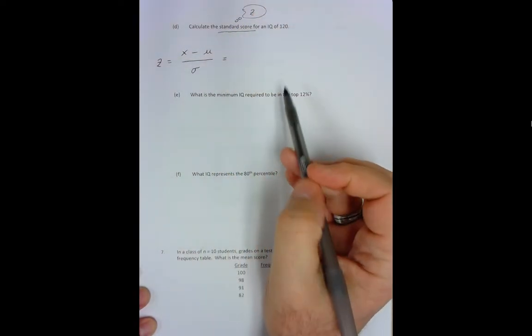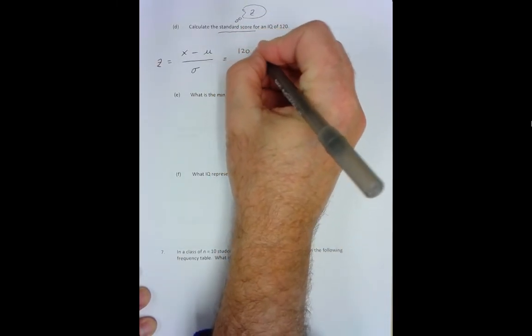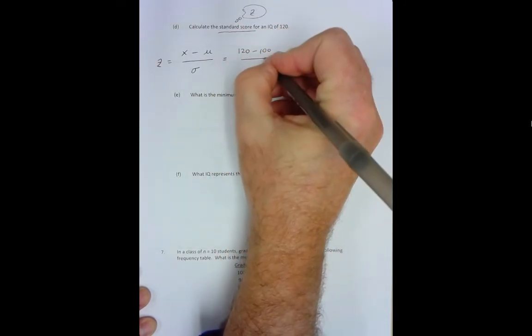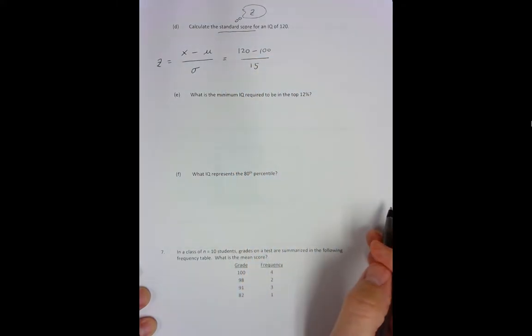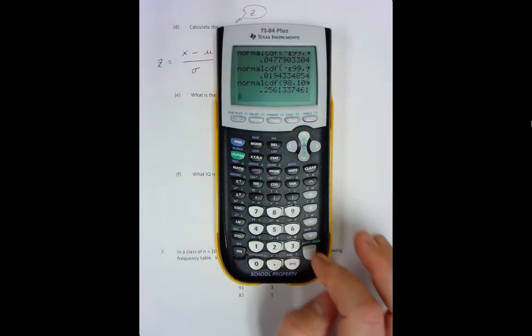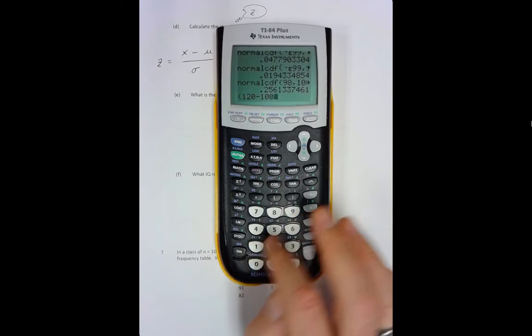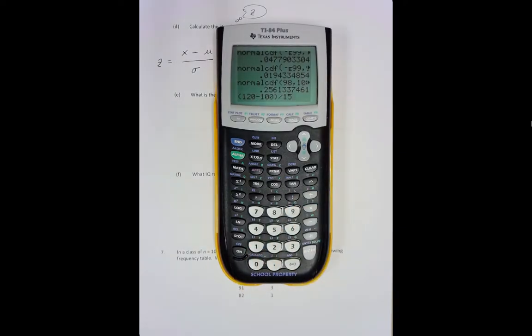So we want to calculate the standard score for an IQ of 120 minus the mean of 100, standard deviation 15. We're still using IQs from the previous problem. So when I put this in my calculator, what I just need to make sure is that I don't do something goofy and mess up the order of operations.